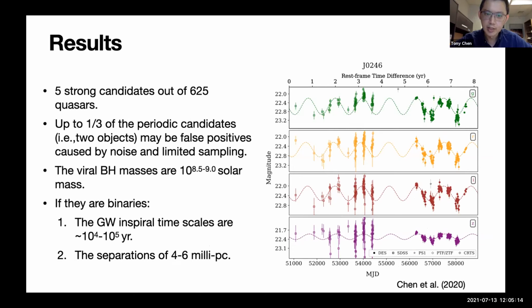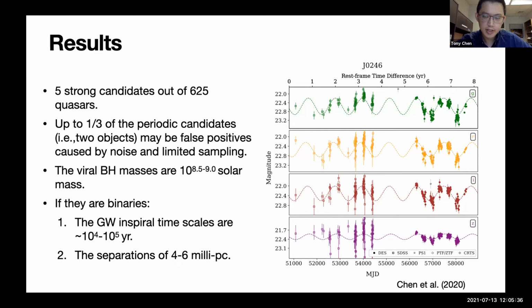So we can calculate the false alarm probability, and we find that up to 1/3 of our candidates might be false positives. So it's around 2 objects, and we are not just seeing the noise from the DRW.